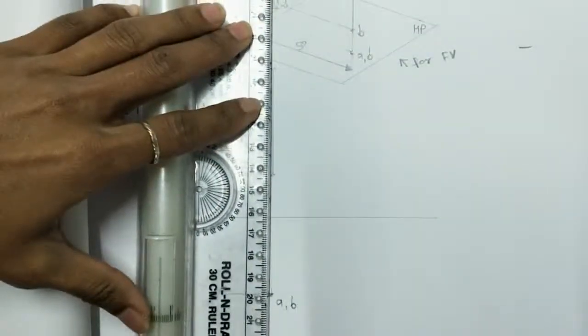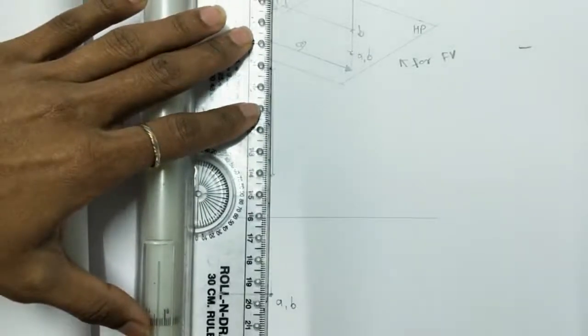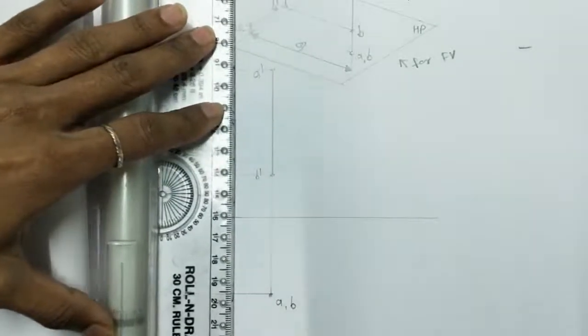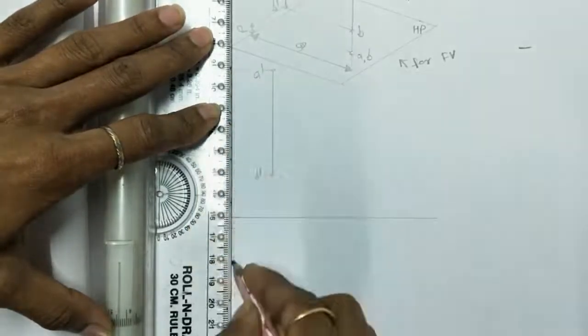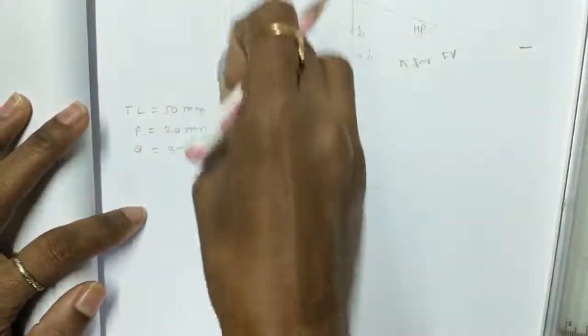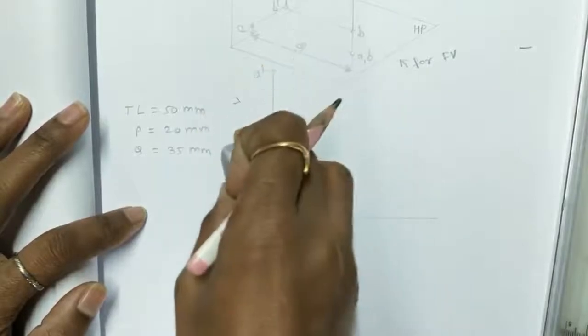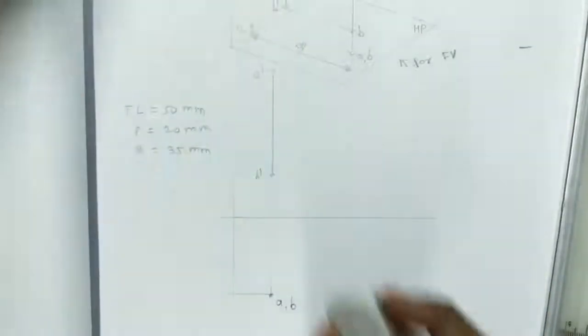Take a parallel line to this line, but do not measure this distance, as we have already taken it as 50.